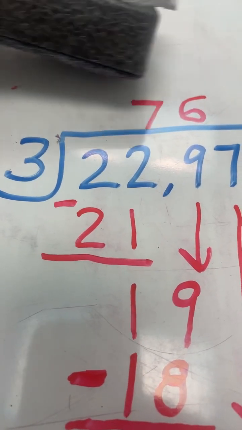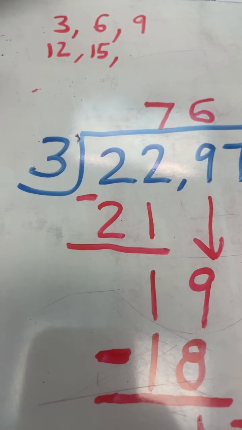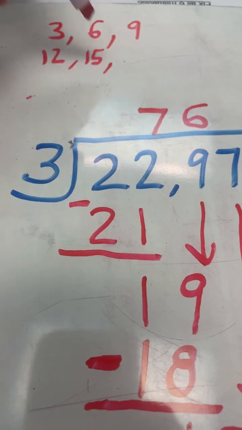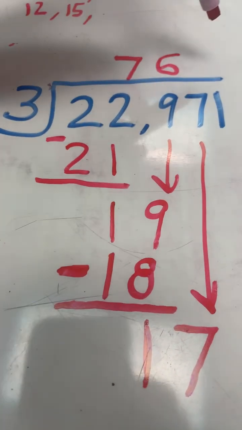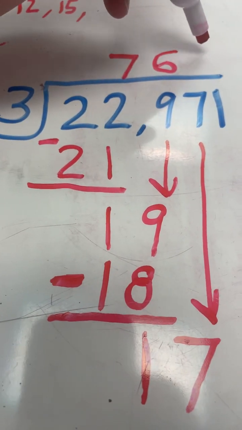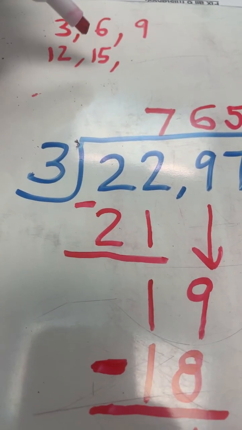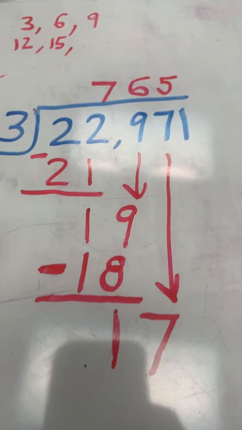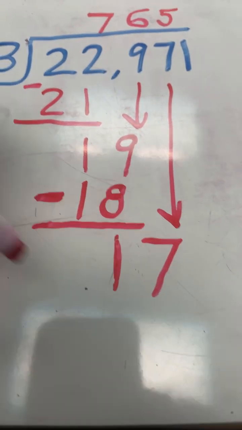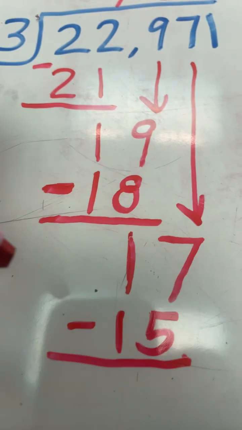So if I just erase the 18, because 18 is more than 17, I have 1, 2, 3, 4, 5 groups of 3 that go into 17. 17 divided by 3 equals 5. There is a remainder there, though. 15 was as close as I could get to 17 without going over. So 15 is what we have to subtract to find our remainder. 17 minus 15 equals 2.